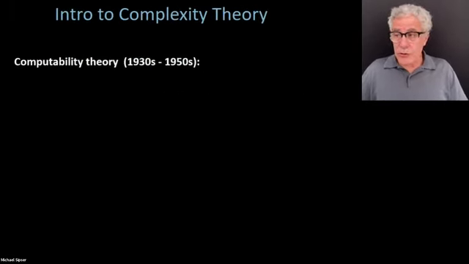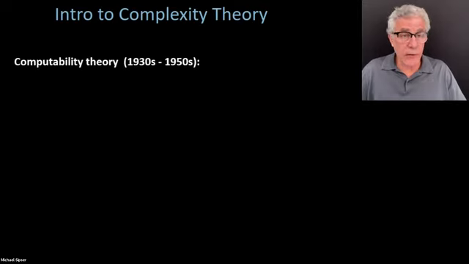Computability theory, which was the subject of the first half of the course and which is what the midterm exam is going to cover, was an active area of mathematical study in the first part of the 20th century. It really dates back into the late 19th century, in fact, where people were trying to figure out how to formalize mathematical reasoning.